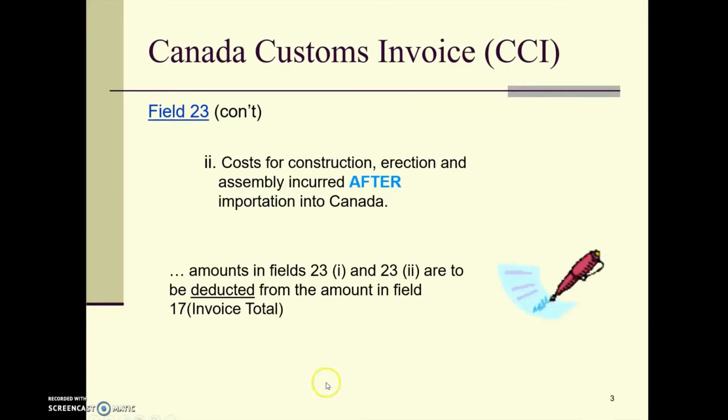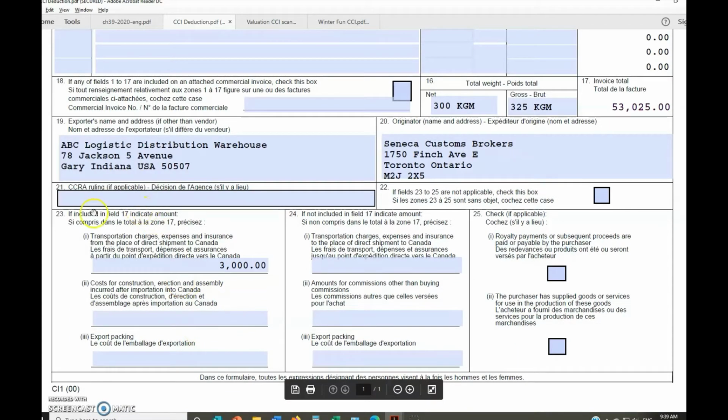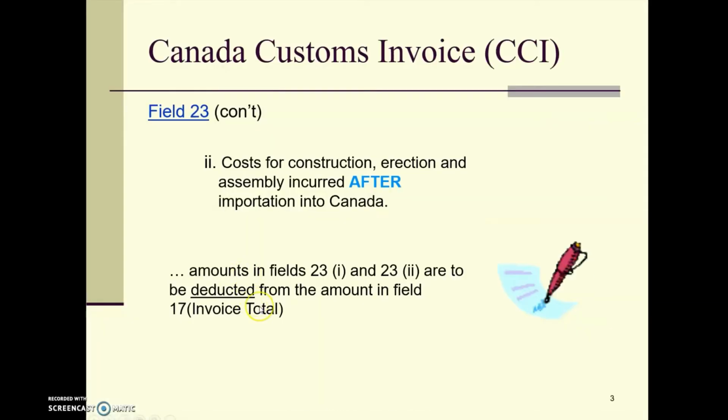Okay. Field 23II, which is this one. If included in field 17, indicate the amounts of cost for construction, erection, and assembly incurred after importation into Canada. So what this means is, if you buy something and it includes installation, meaning you buy a machine for the assembly line of your company, and part of the price is one of their technicians coming to Canada, or a technician in Canada coming to your location to help you install the machine and get it working.